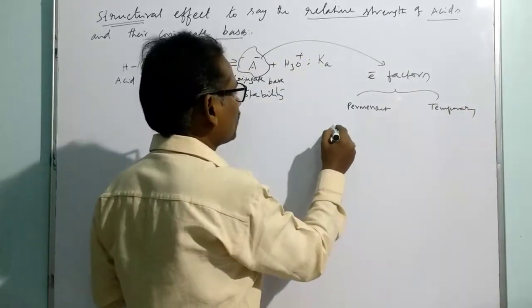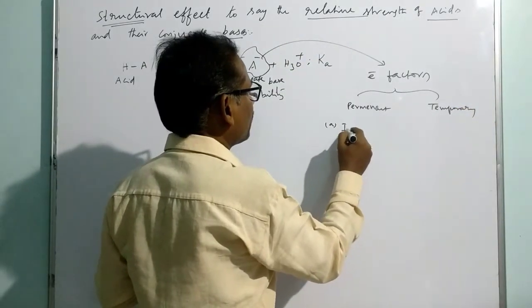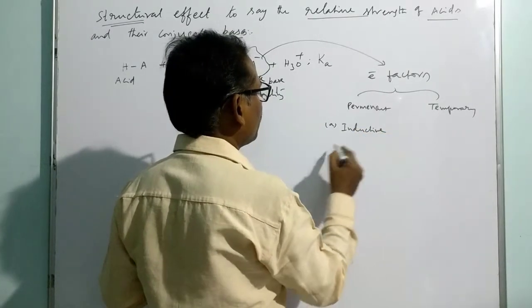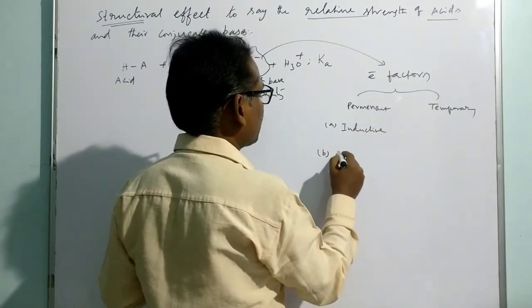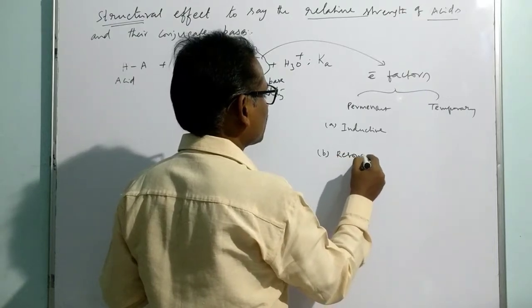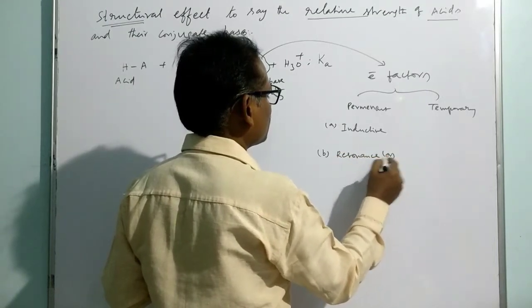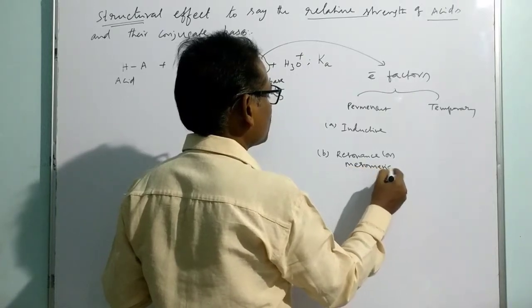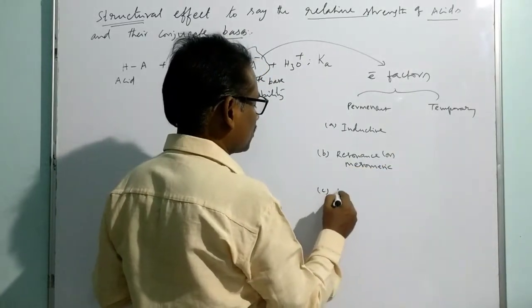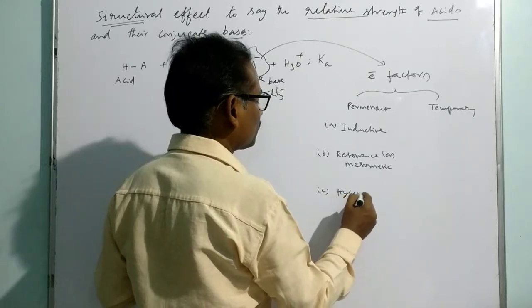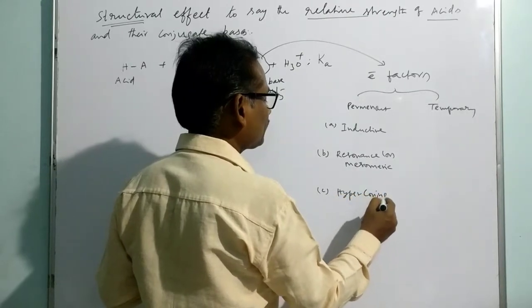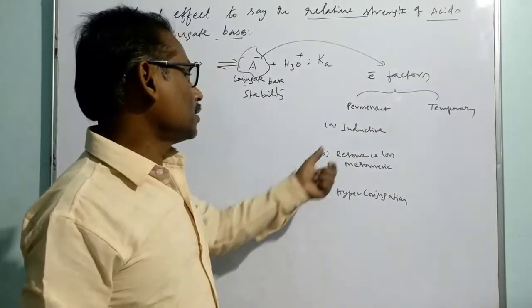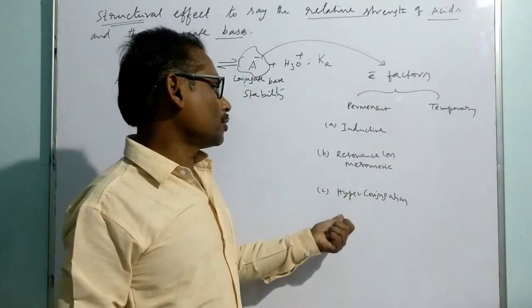Under permanent we have factors like the inductive effect, and the resonance effect or mesomeric effect, and we can also consider hyperconjugation. So these are electronic factors, and they are said to be permanent.